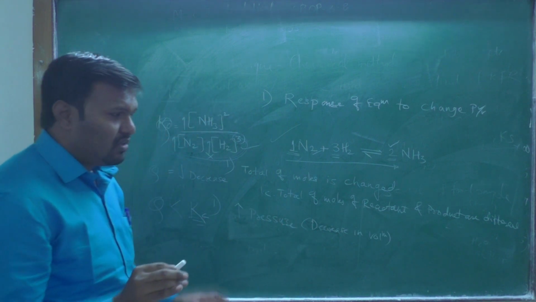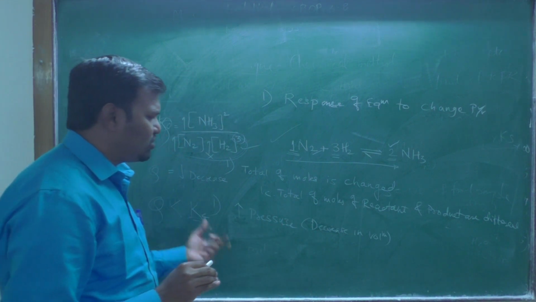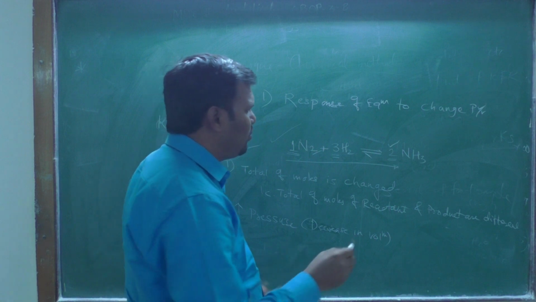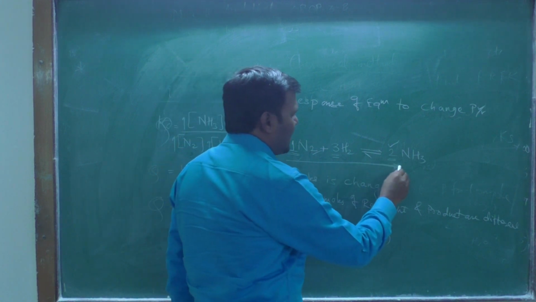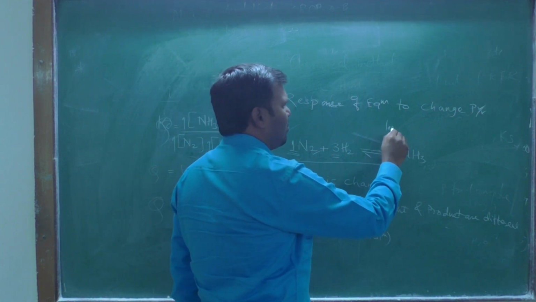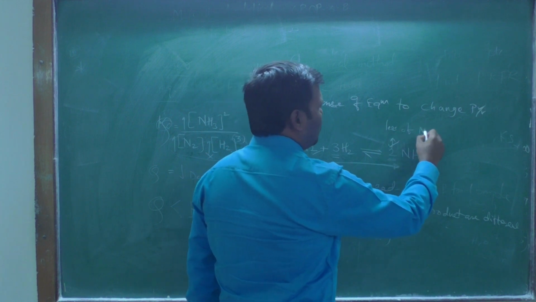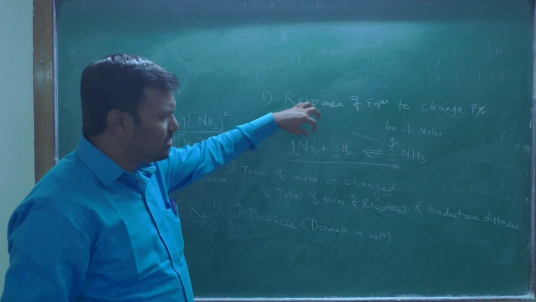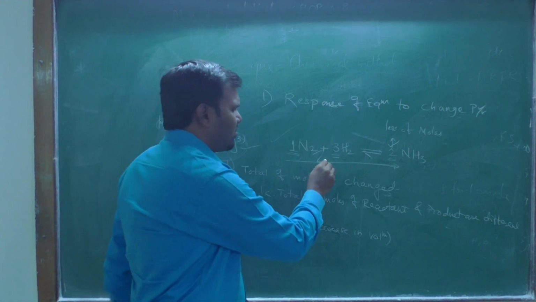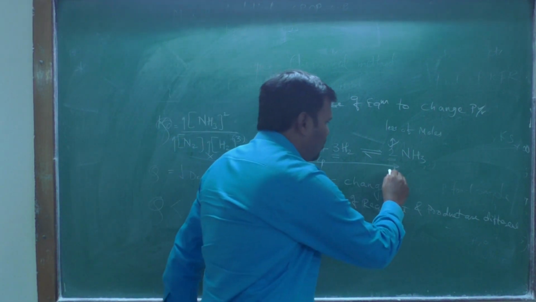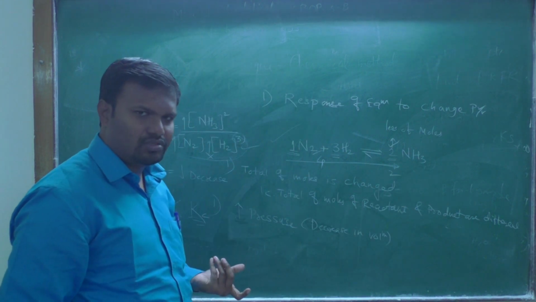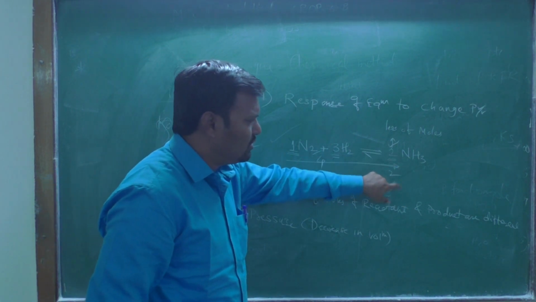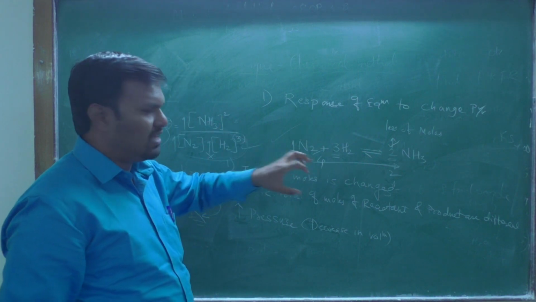Therefore we can say that when pressure is increased, or volume is decreased, your reaction proceeds to the side where there is a lesser number of moles. In this case, 3 and 1, 4 moles for the reactant, and for the product 2 moles. So where are fewer moles? For the product, 2 moles, less than the reactant.